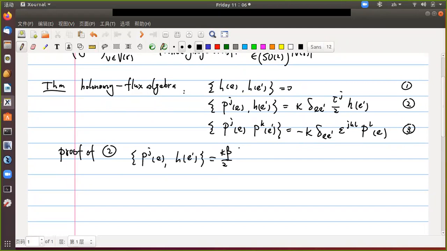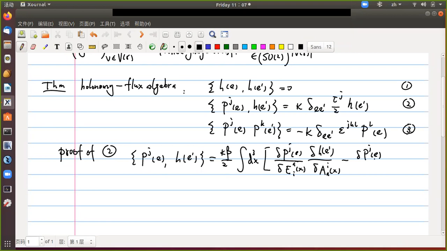There is a prefactor κβ/2, coming from the fundamental Poisson bracket of E and A. Then you have the functional derivative of P_e^j with respect to E_a^i, times the functional derivative of h_e' with respect to A, where i and a are contracted and summed.